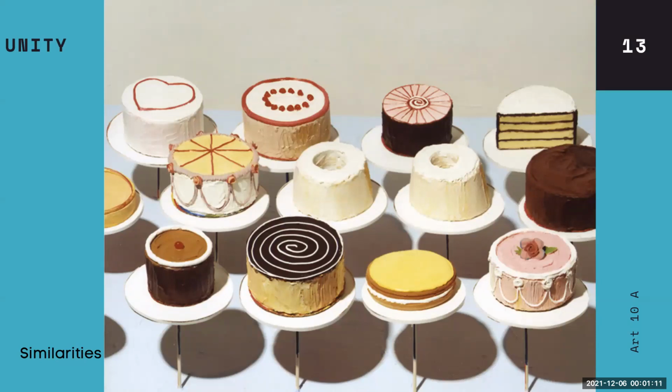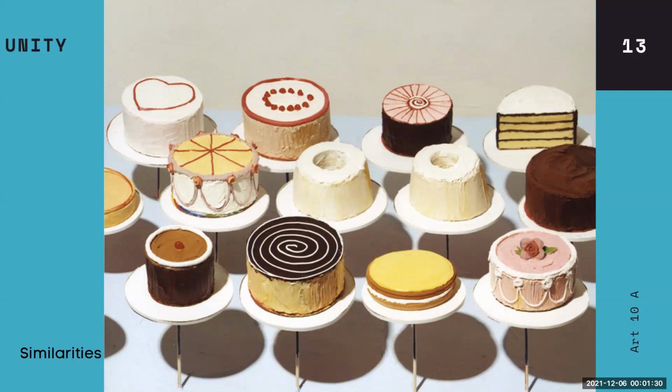Now with this one, even though there's more than one type of cake, there is a regularity in shape. They're all circles and spheres, or sphere-like, circle-like, all of them.